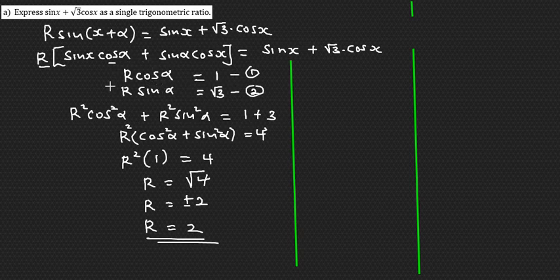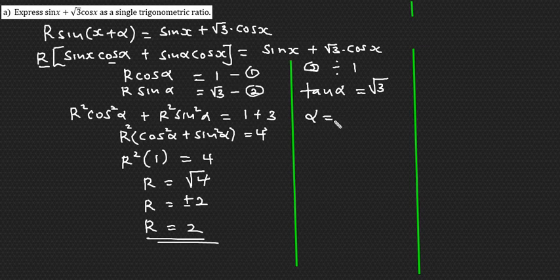We shall get rid of r if we divide. Equation 2 divided by 1, we have r sine alpha over r cos alpha, so we remain with tan alpha, since sine over cos is tan, equal to root 3 over 1.